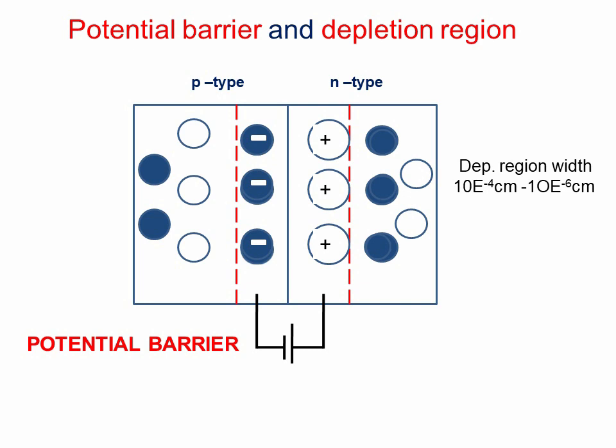Here, barrier means the junction, potential means voltage. So, potential barrier is nothing but the voltage developed across the junction. So, there is an inbuilt voltage called the potential barrier.